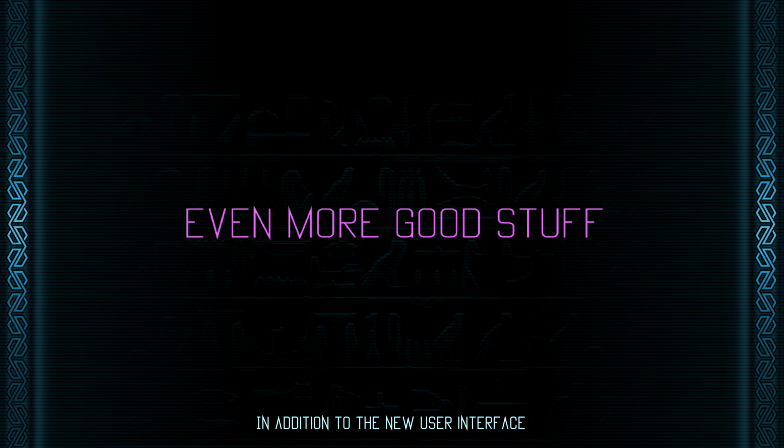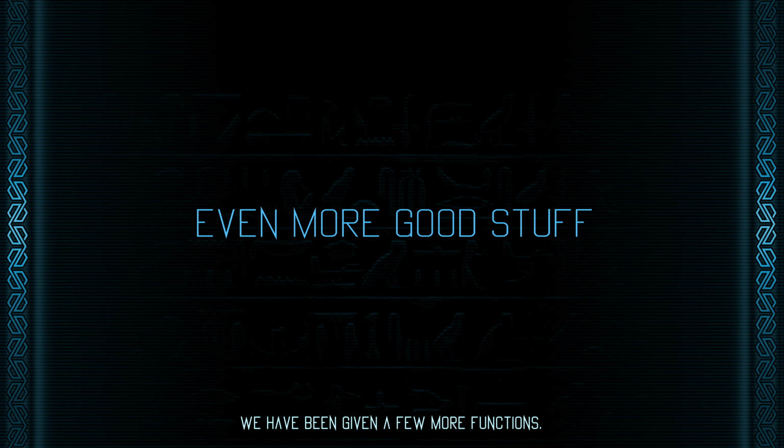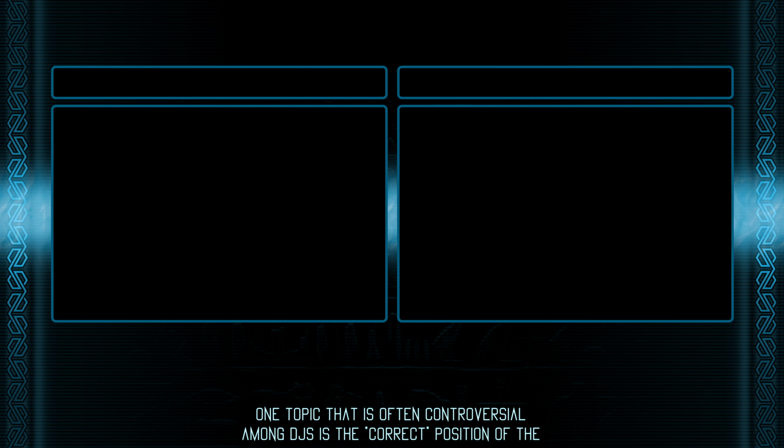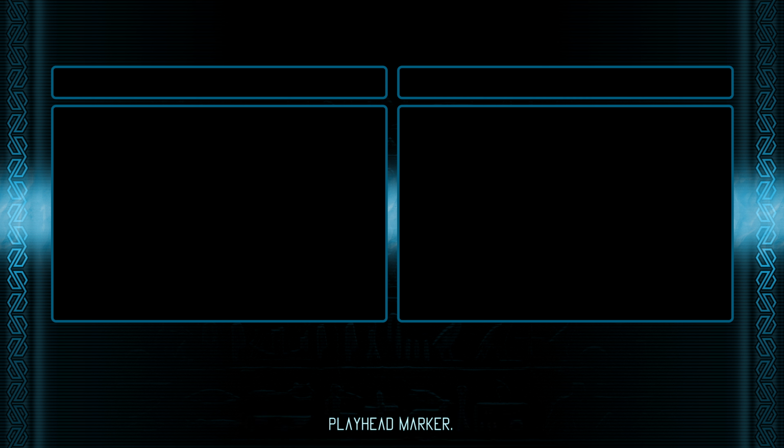In addition to the new user interface, we have been given a few more functions. I will show you 2 of them as examples. One topic that is often controversial among DJs is the correct position of the playhead marker. Especially for electronic-focused DJs like me, it can be far enough off to the left to look as far ahead as possible in your track.